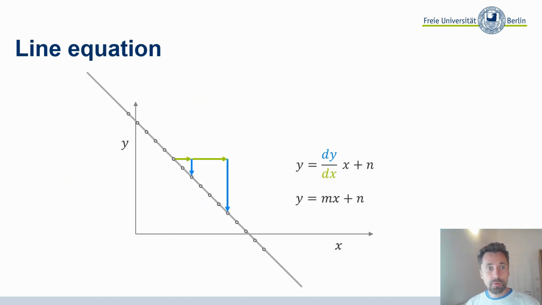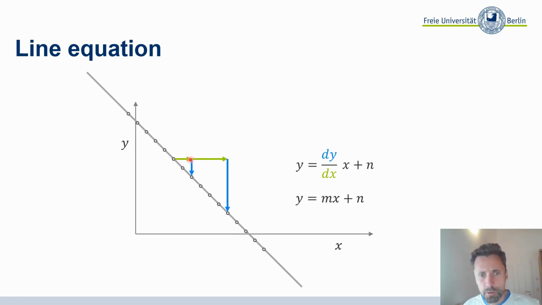So let's review line equations real quick. In the one-dimensional case, we have a dimension x and the output dimension y, both being scalar values. A line really is defined by one central property: if you have a point on the line and you look at how much you drop to a given other point when you go a certain step to the right or to the left.